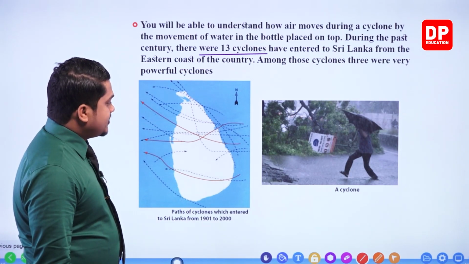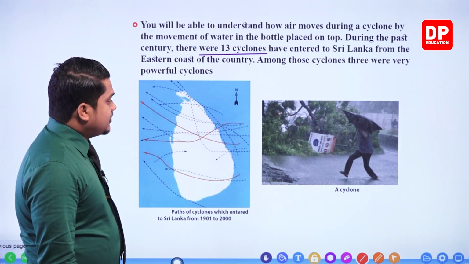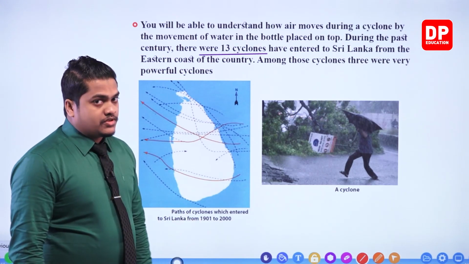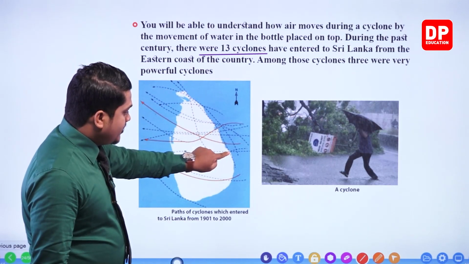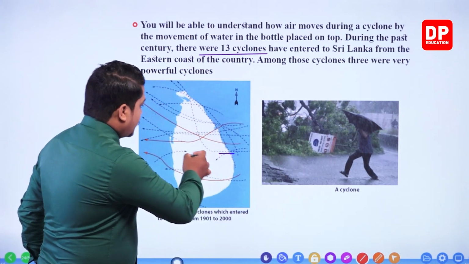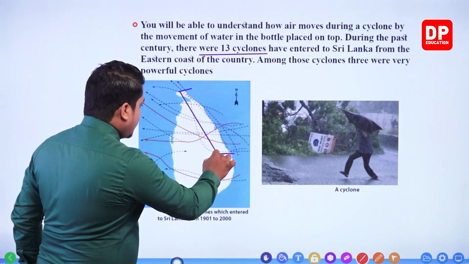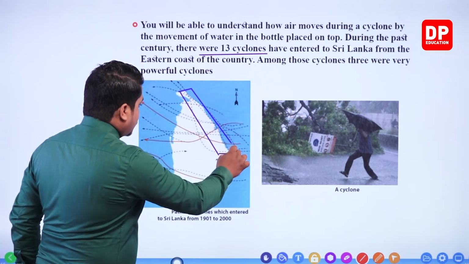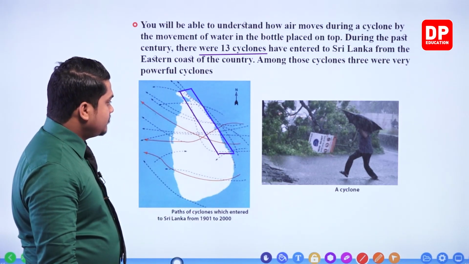By looking at this, you can clearly observe in which areas the cyclones hit the most. When you check these regions from here to over here, this area suffers from cyclones much more often.